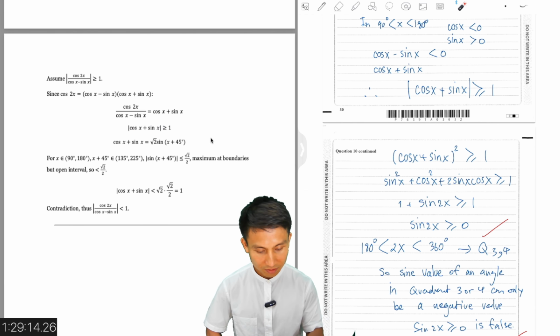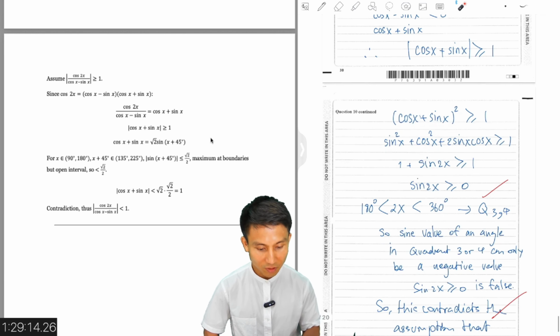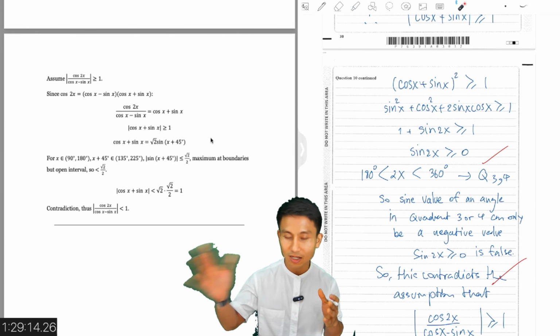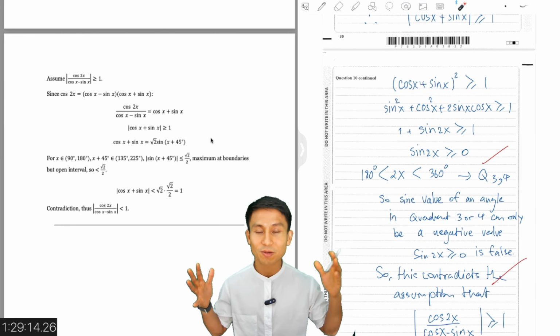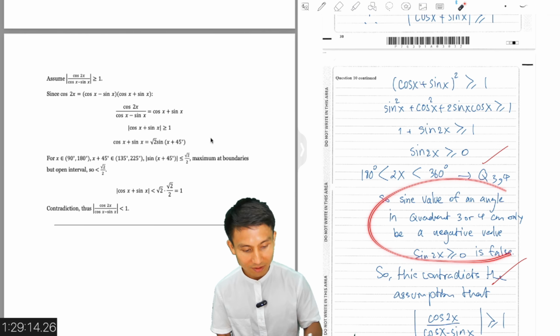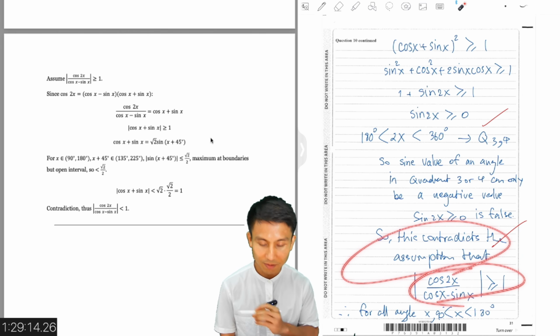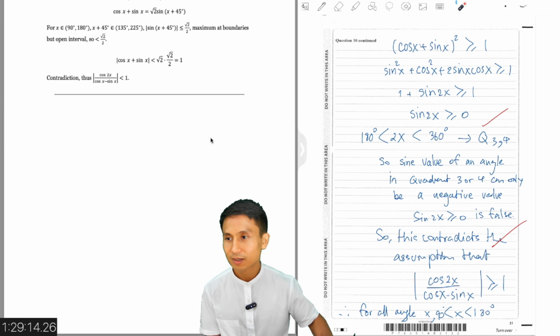But I just squared both sides and got 1 plus sin 2x, and sin 2x greater than 0. This is positive, but if you look at the 2x domain, it's actually in the 3rd or 4th quadrants, so it's not possible for it to be a positive number. So the logic here is that this is false, so it contradicts the assumption we made earlier that it is greater than 1. So that's the proof there.